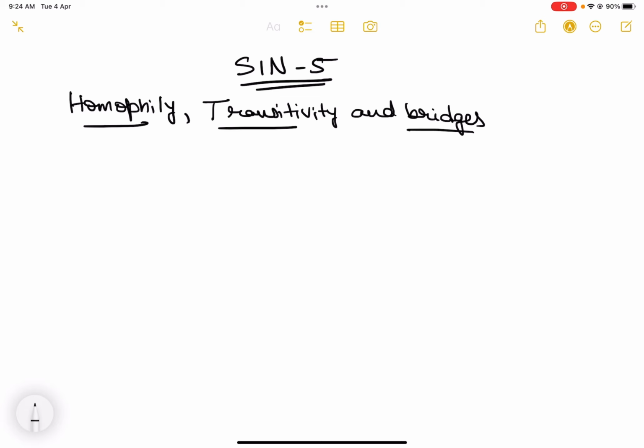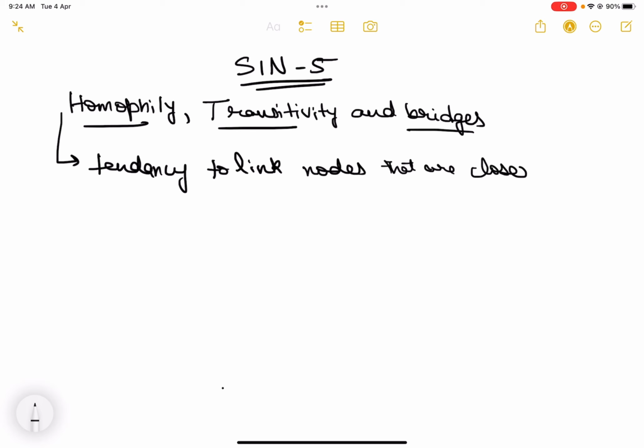So homophily is basically the phenomenon because of which these nodes form clusters. Homophily is basically the tendency to link nodes that are closer to each other based on different features.